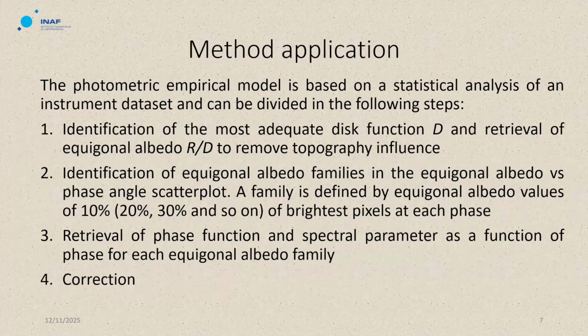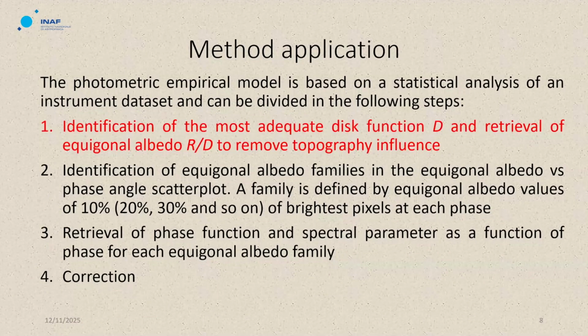Method. This is a photometric empirical method and is a statistical analysis of the entire dataset. I repeat, the dataset is a camera dataset or spectrometer data, and the first step is the removal of topography. That means the removal of incidence and emission angle. The equigonal albedo is the reflectance corrected for incidence and emission.